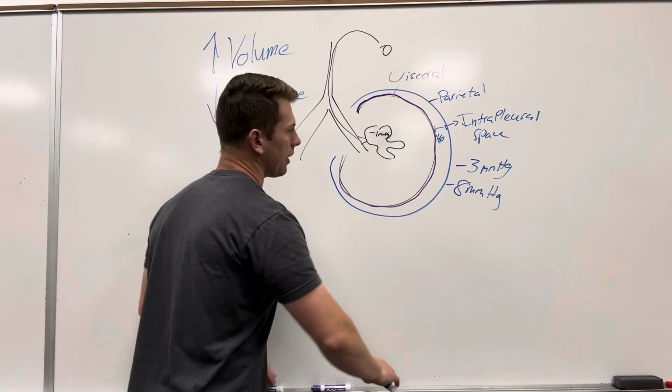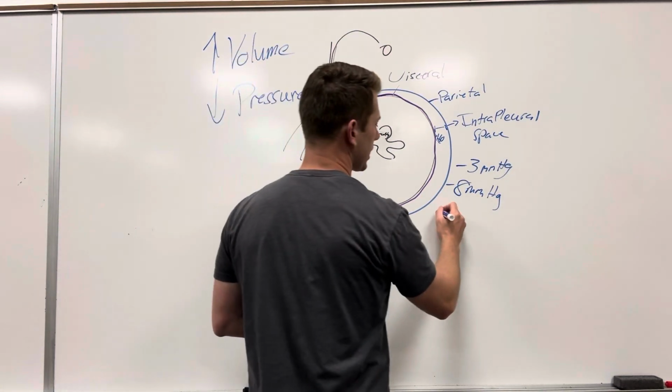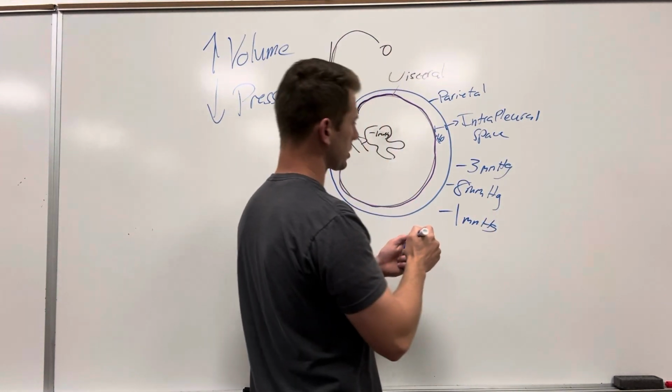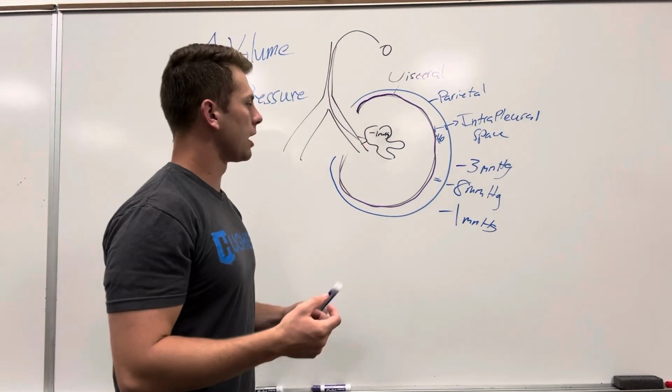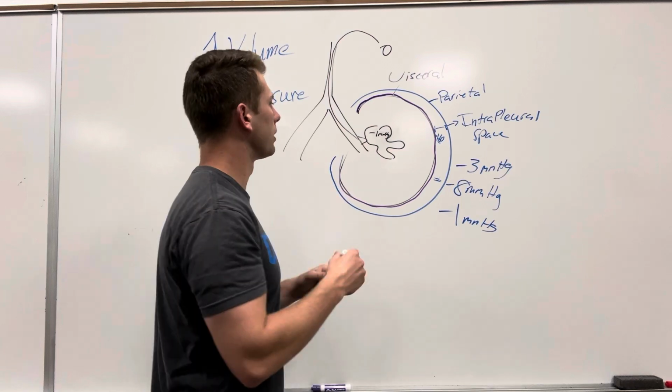When we exhale and force all the air out, at the end of exhalation, we actually have a -1 millimeter of mercury in pressure in this intrapleural space. And basically all that means is the lung wants to collapse and it's a lot smaller.